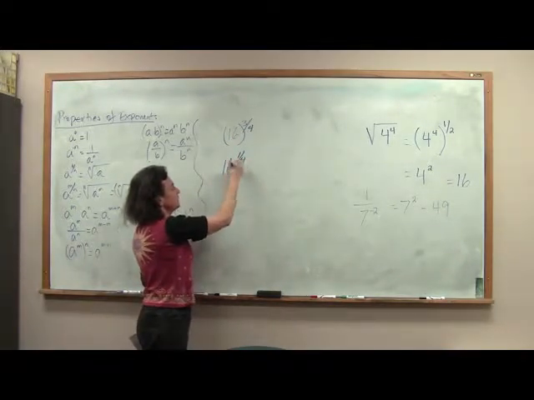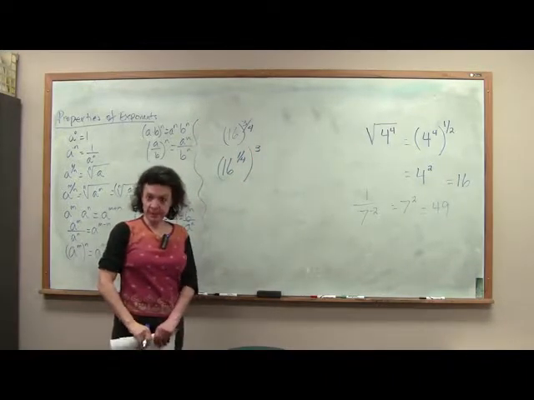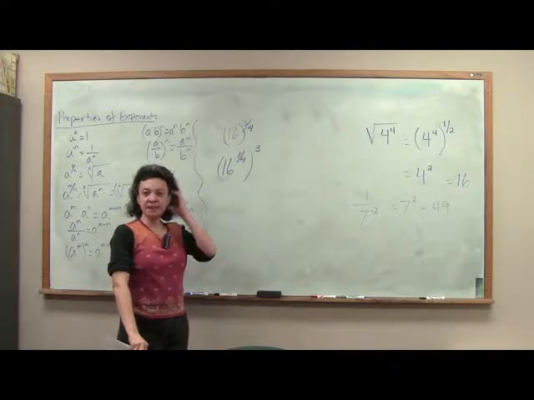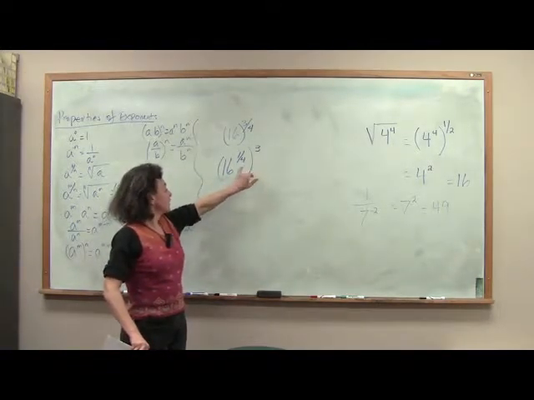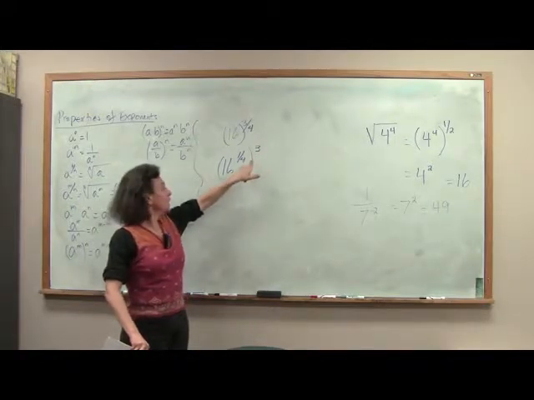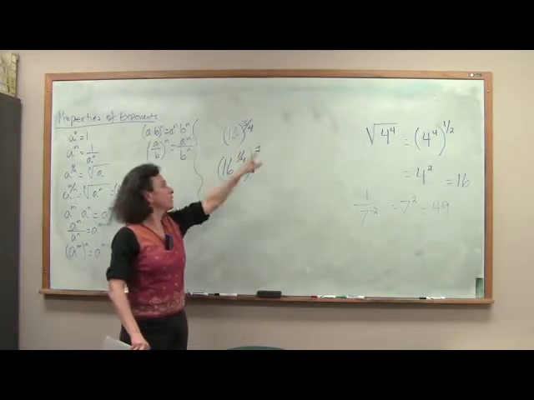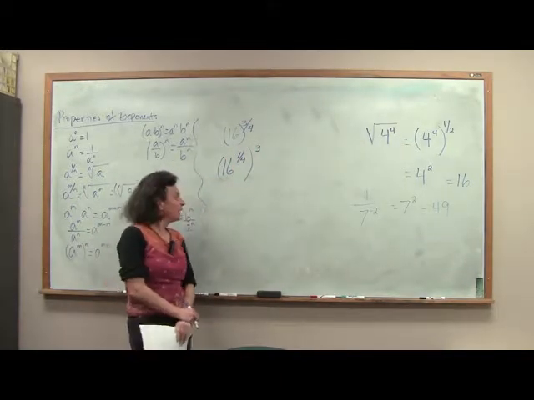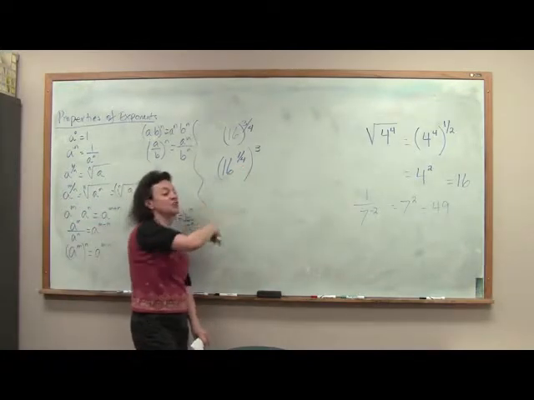I would write that as 16 to the 1/4 power cubed. Okay, let's just stop a second and check that what we have is equivalent. Okay, again, when you raise something to a power, raise to another power, you multiply your exponents, and certainly 3 times 1/4 is 3/4.